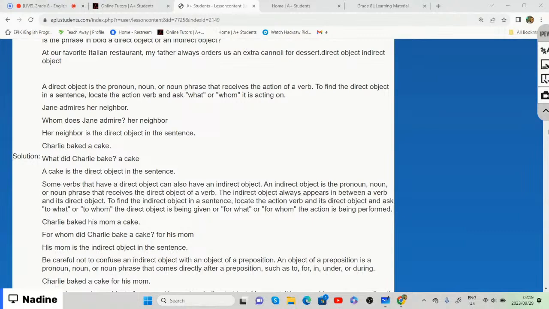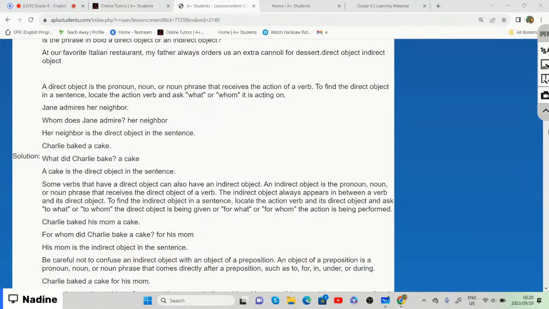And remember, some verbs that have a direct object can also have an indirect object, and that is why we have direct objects and indirect objects. An indirect object is the pronoun, noun, or noun phrase that receives the direct object.